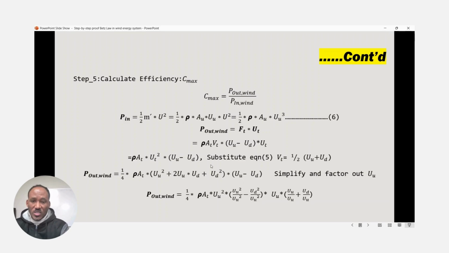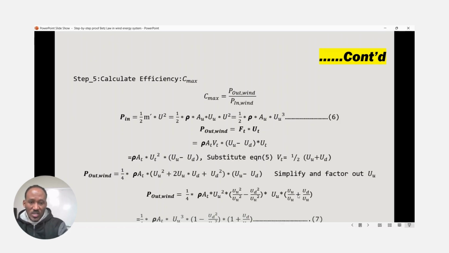That means this is all simplified as density times area of turbine times U_U squared times, factoring out U_U squared for this, that means dividing all by U_U squared. Then for this parenthesis, again factor out U_U, then divide by U_U for both.